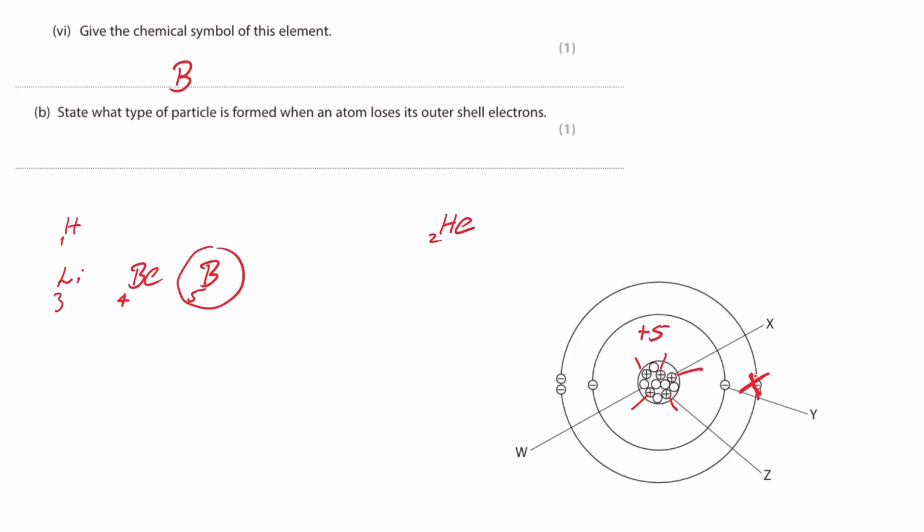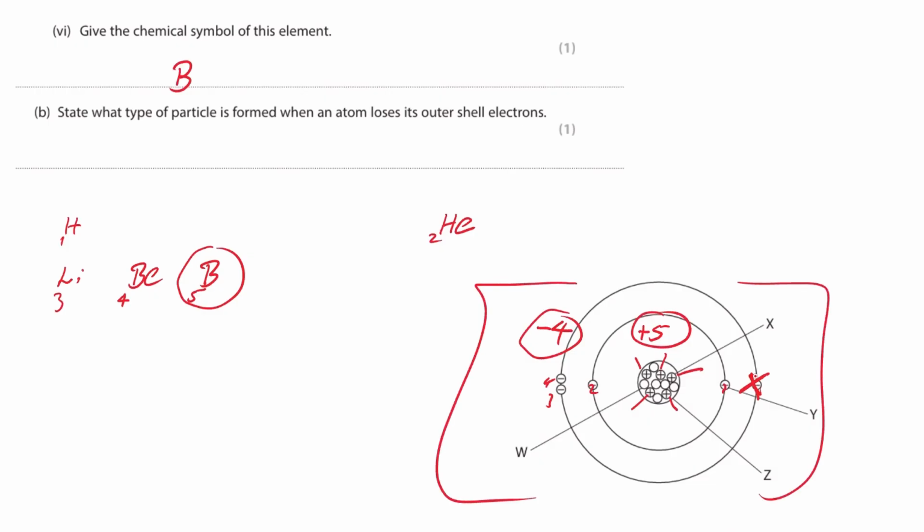But the electrons, when you remove the outermost one, we have 1, 2, 3, 4, that means -4. So +5 and -4, what comes outside? +1 comes outside. So this is a positive ion.